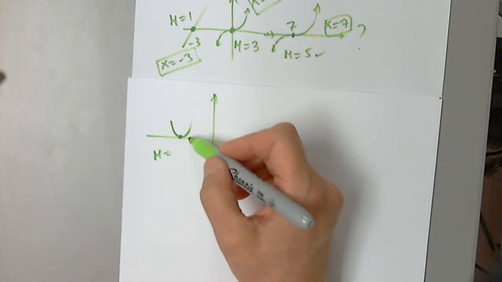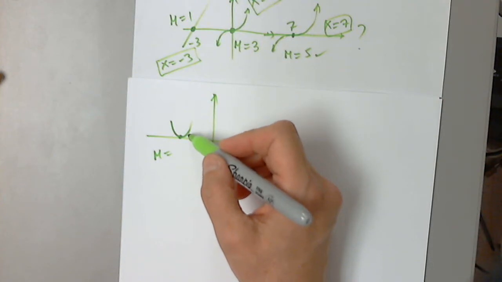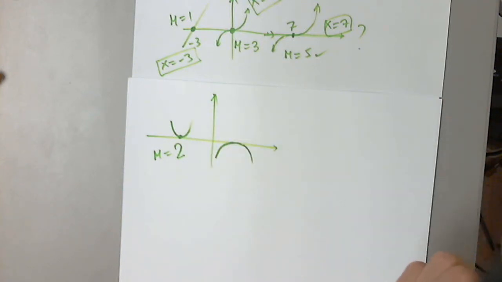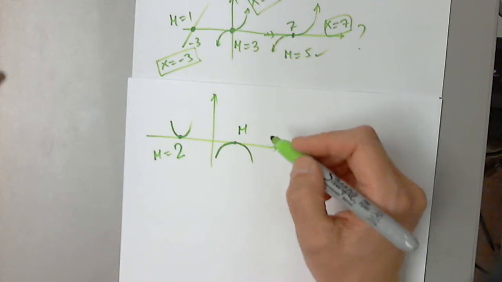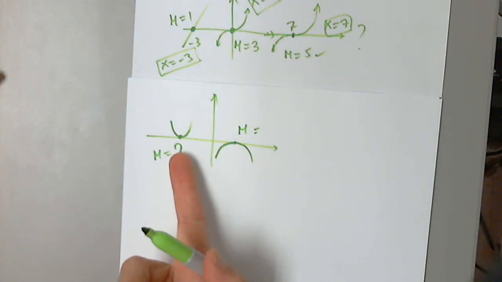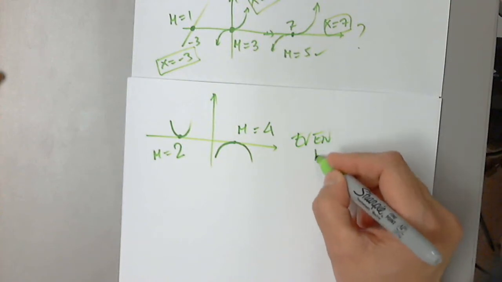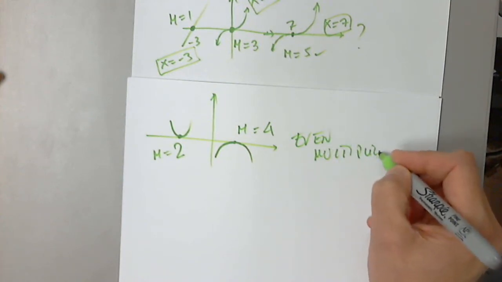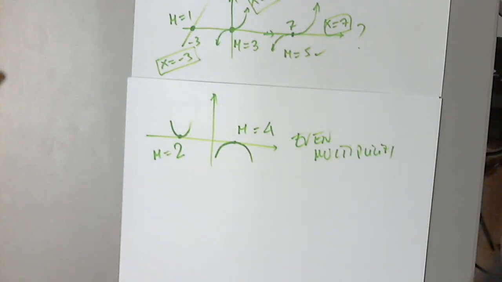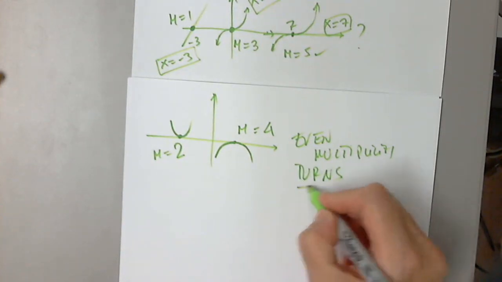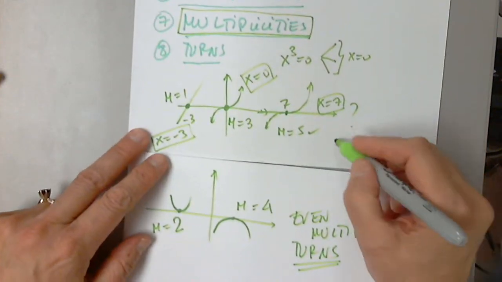And we've graphed the function like that, like x squared. Multiplicity 2. What do you think the multiplicity will be here, which is much wider than that? Exactly. So this is the even multiplicity. Why is this so important? Because I will know how the graph is turning. These are all turns. Turns on the x-axis. These are crosses.